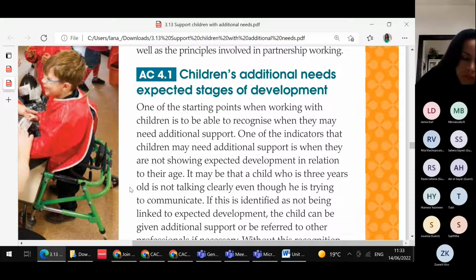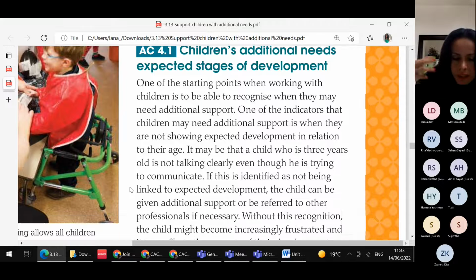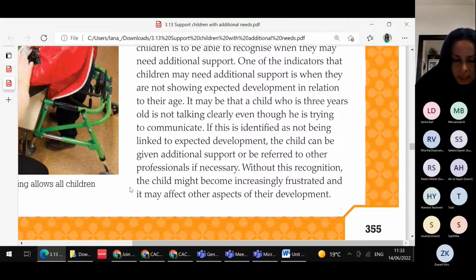We identify that there are some additional needs for this child, and maybe we provide them with additional support. It depends. We may need to speak to professionals, and if necessary, like the speech therapist, the doctor, the nurse, we understand the situation and then we can act on it.